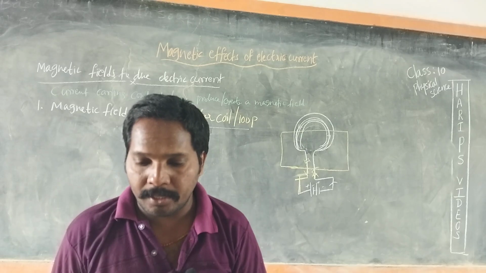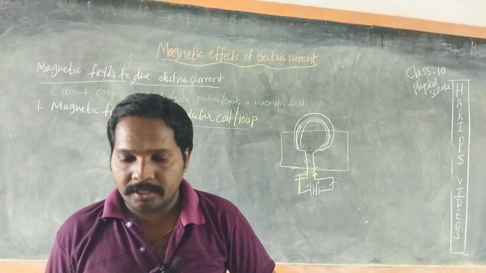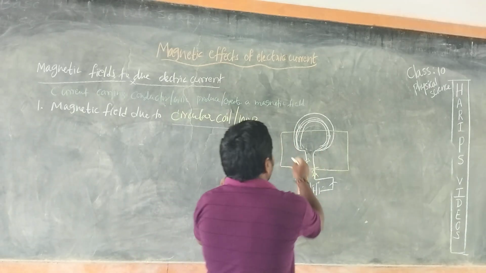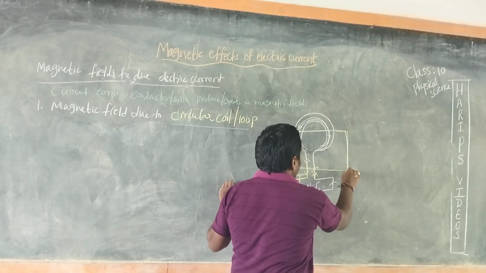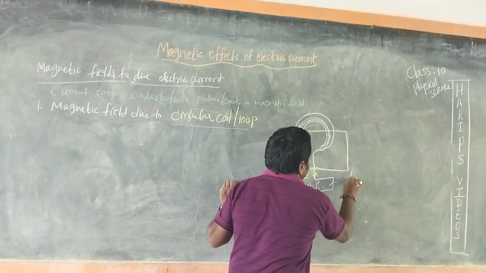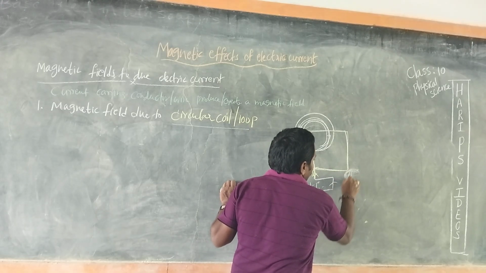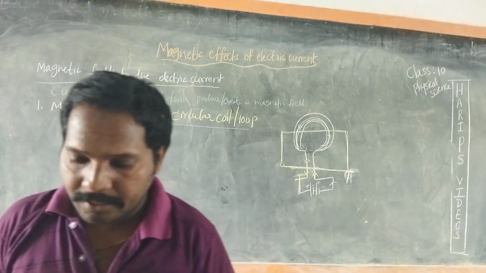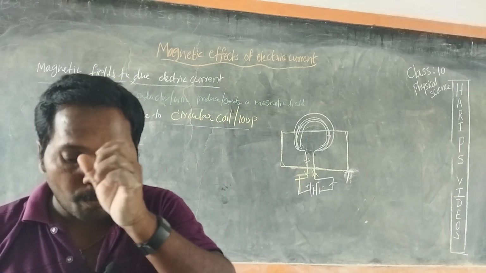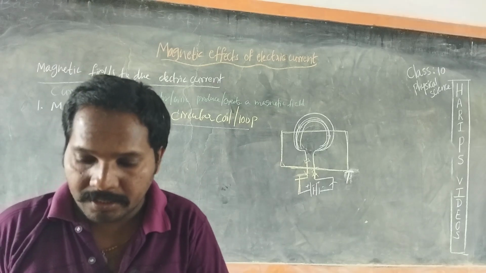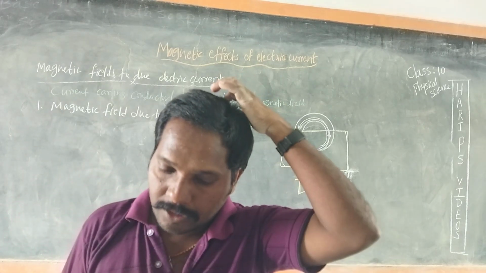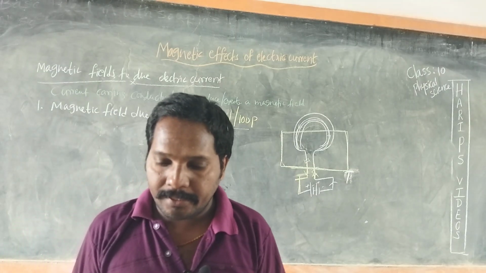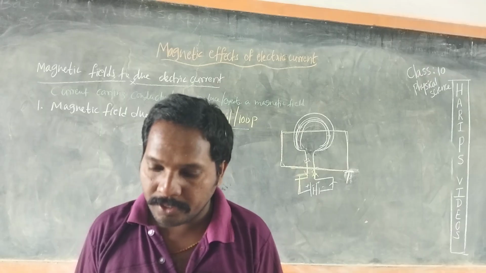A circular loop is fixed to a thin cardboard sheet. Now, when a current is passing through the circular loop of wire, a magnetic field is produced around it. The pattern of the magnetic field due to a current carrying circular loop is shown in the figure.